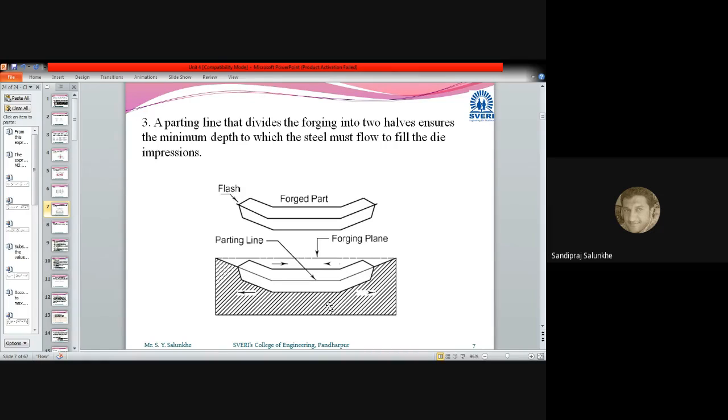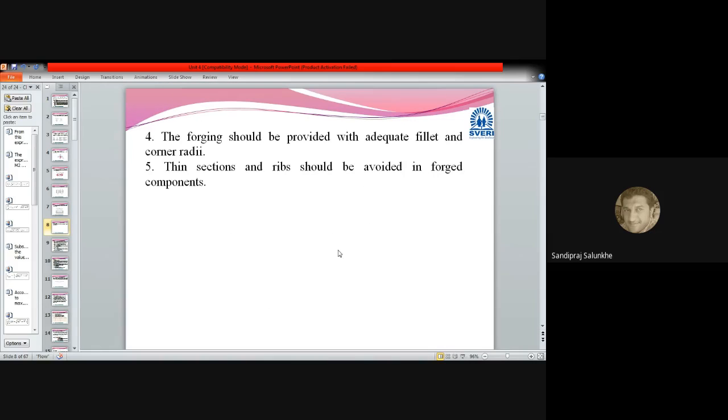afterwards flow of that material will take place, and we apply the hammer, that is forging is done. Hence while the material flows, it should flow more in the hammer and less in the die. That care we have to take while designing that component.